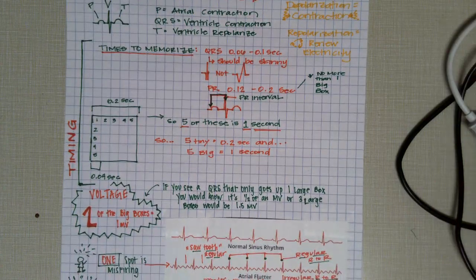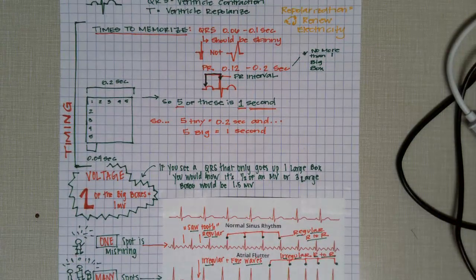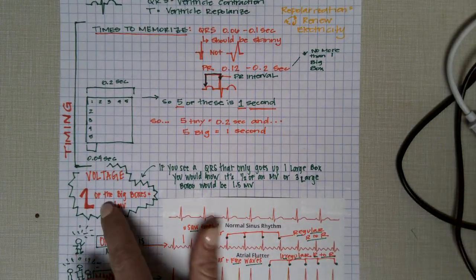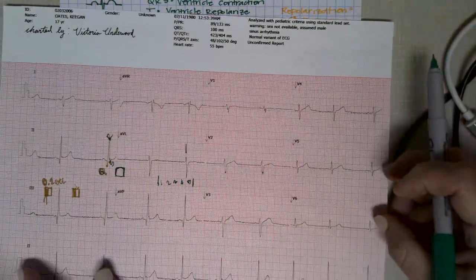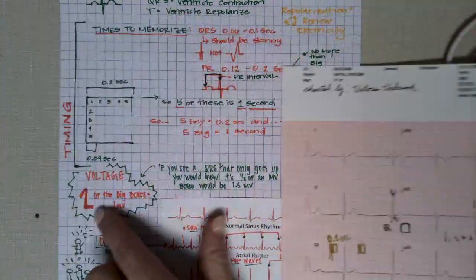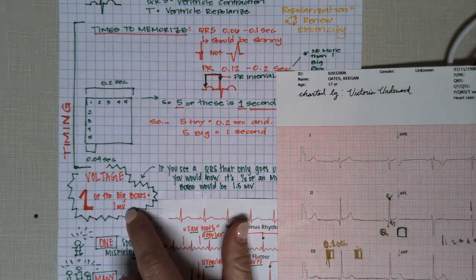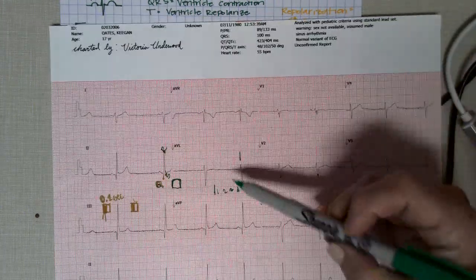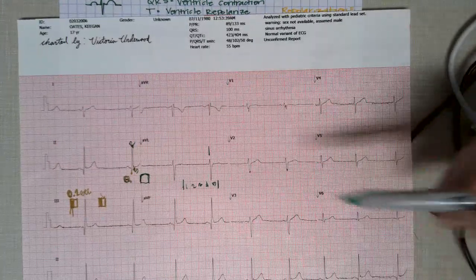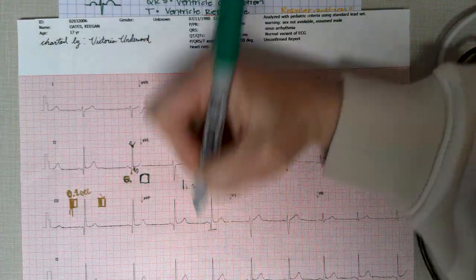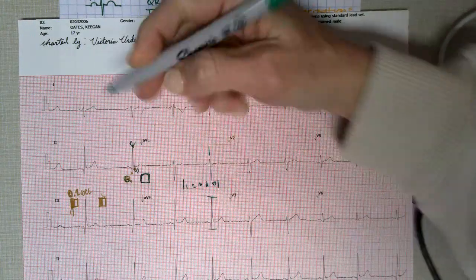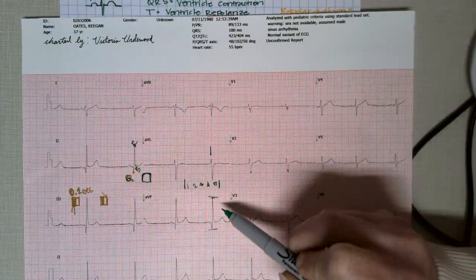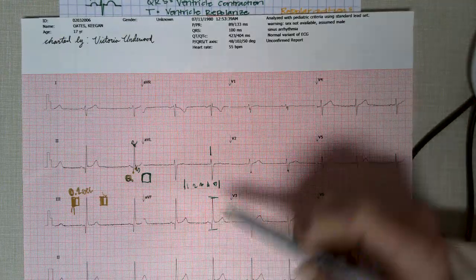All right? Now let's talk about voltage. That's the time frame that we're looking at. Voltage. That is how much electricity that we're generating. 2 of the big boxes is 1 millivolt. So if I'm looking at this QRS complex, right? Let's look at this one. At this general location in the V3 lead, I'm looking at someone's QRS complex.